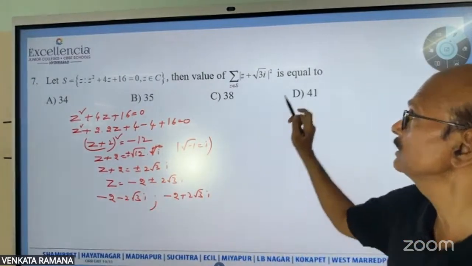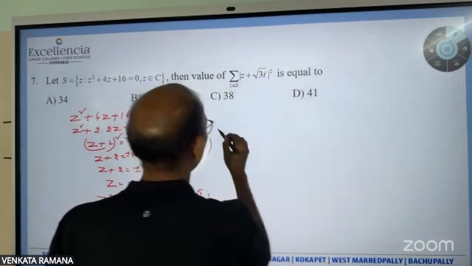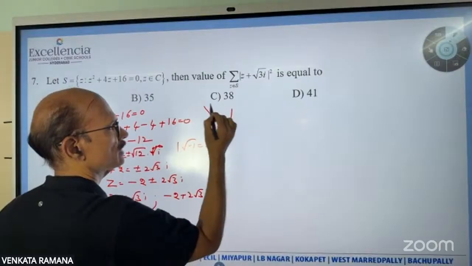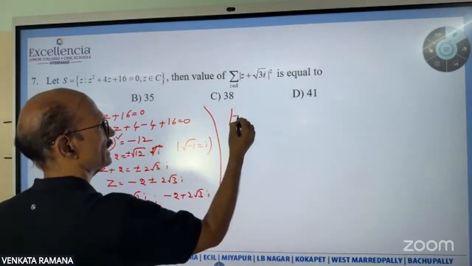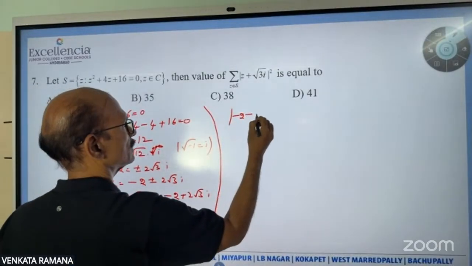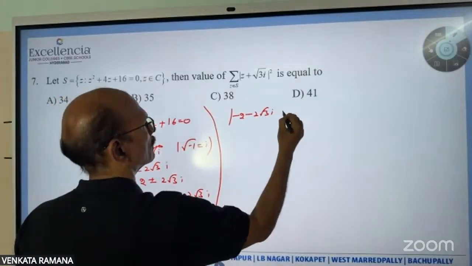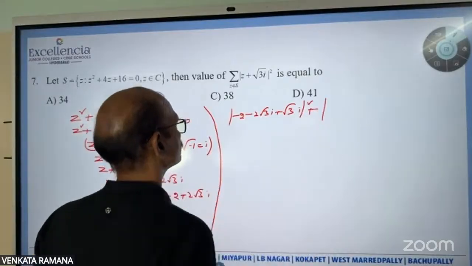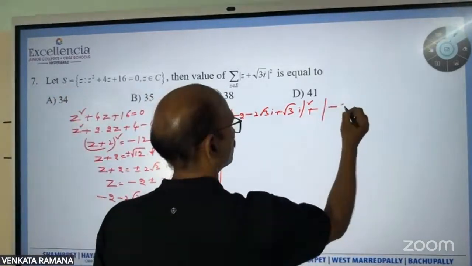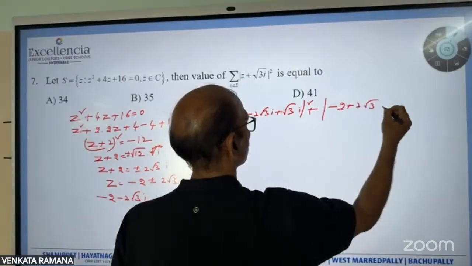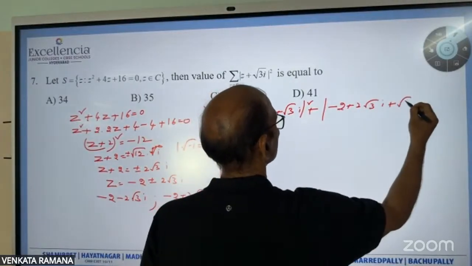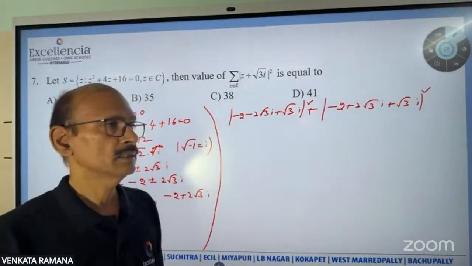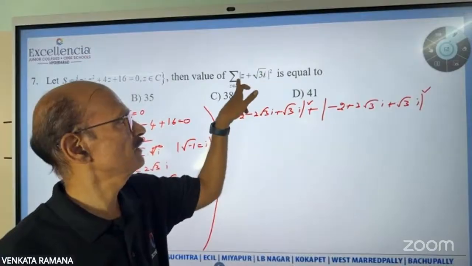Let us substitute these values in this expression. He is asking for this result, the sum of the modulus of Z values: minus 2 minus 2 root 3i plus root 3i, squared, plus minus 2 plus 2 root 3 times i plus root 3 times i, squared.